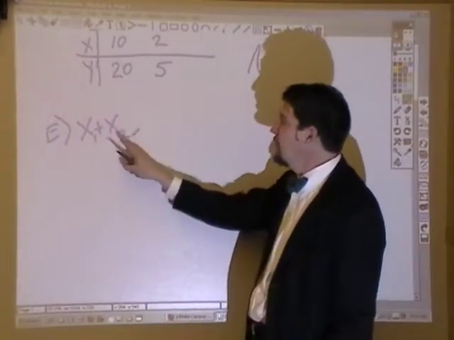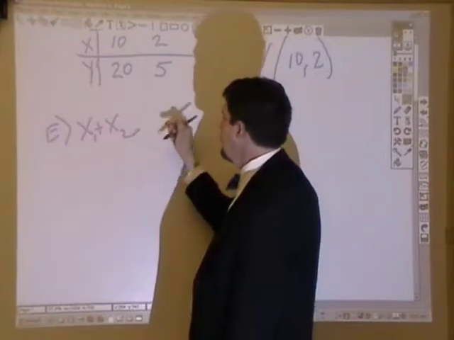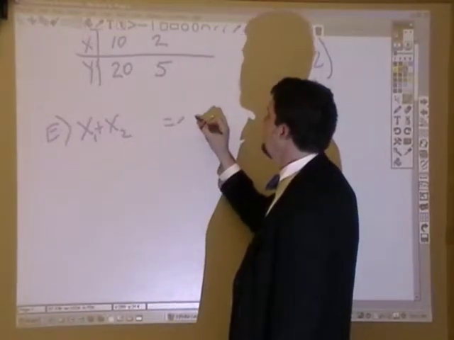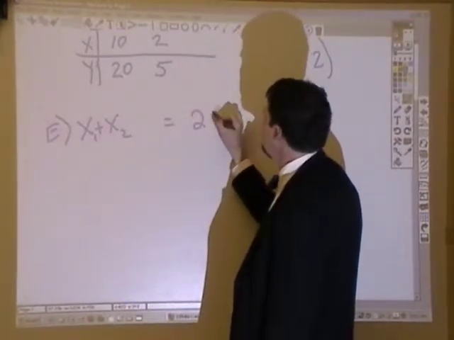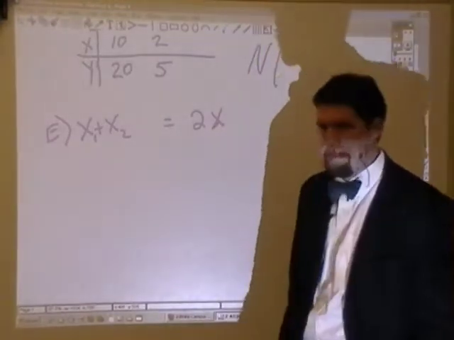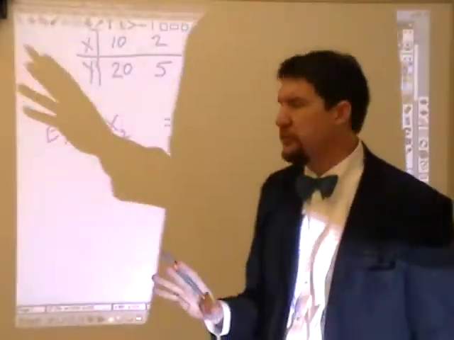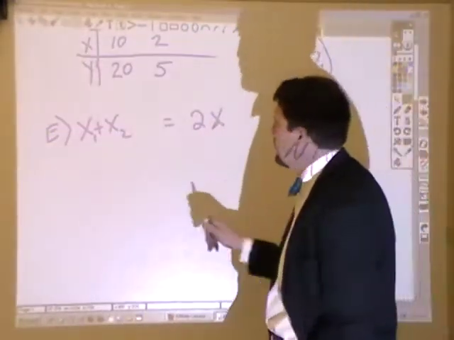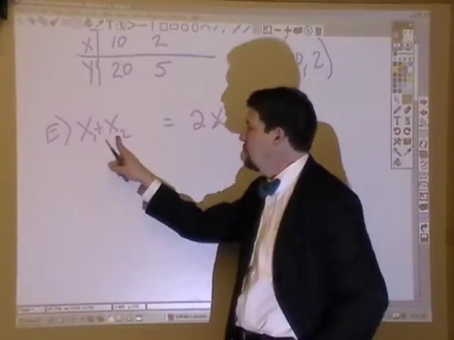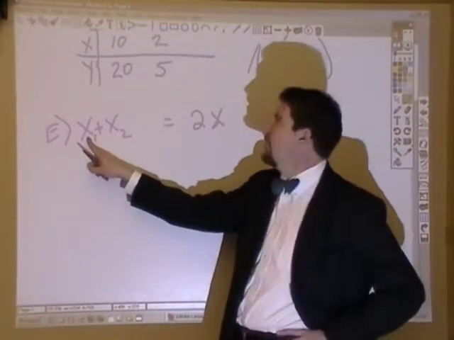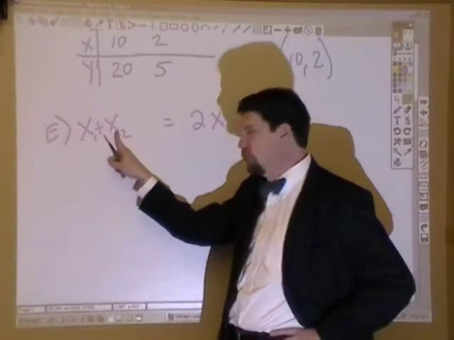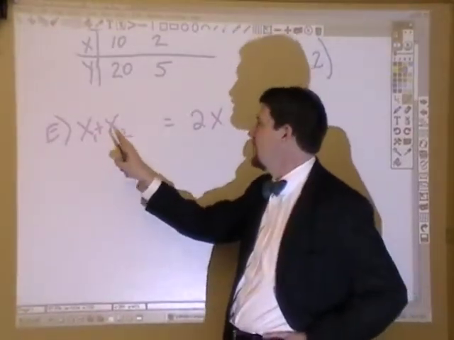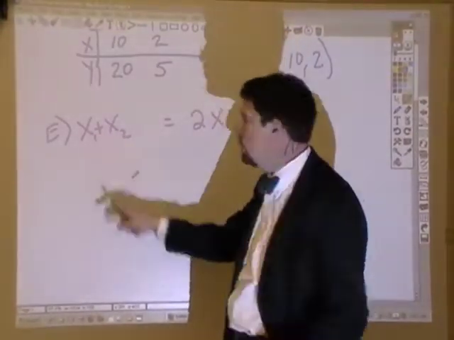Now what does this mean? Because this looks like it would be the exact same thing as saying, isn't that 2 times distribution X? But it's not. Here's the difference between the two. X plus X would be, you've got an iPod and you take it and get it repaired, and then you've got another iPod and you take it and get it repaired. So you've got 2 iPods being repaired.